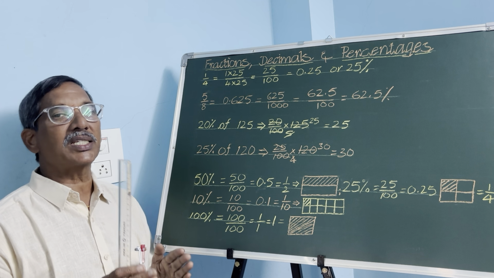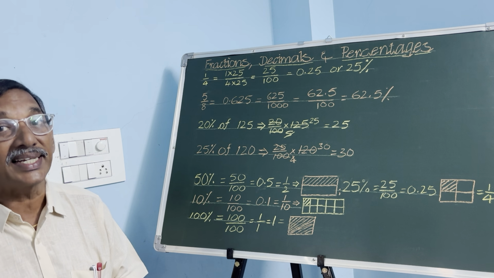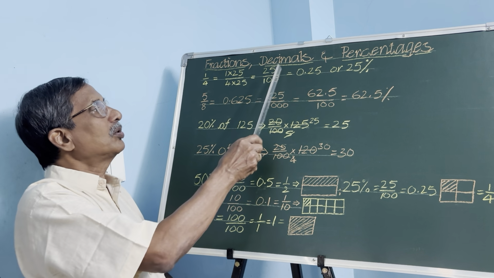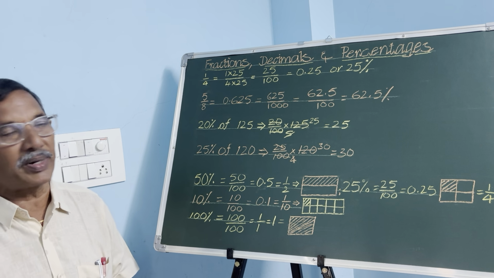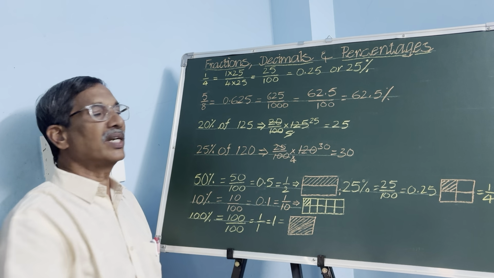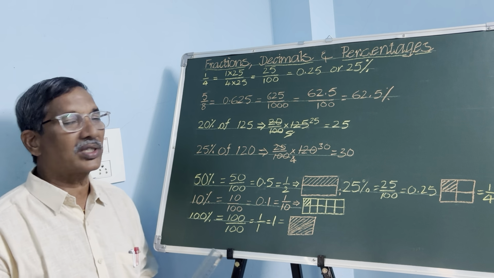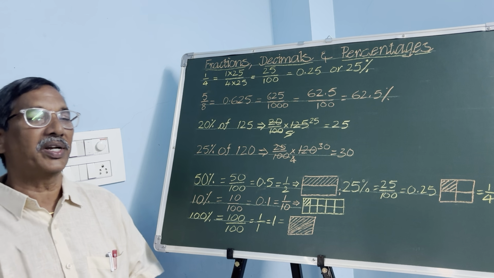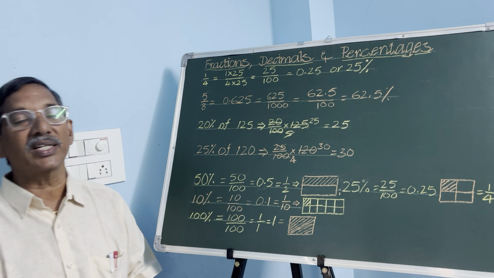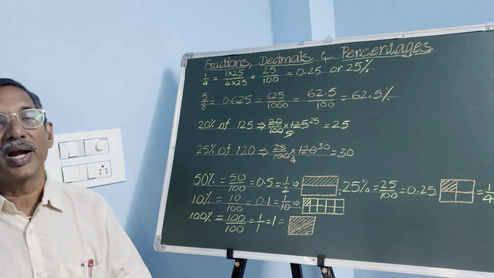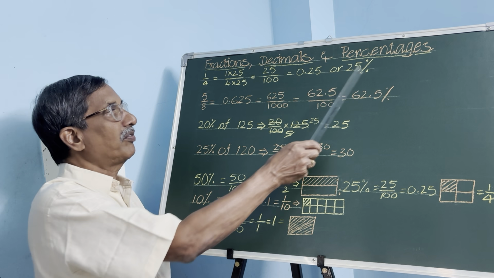That is the same as 25%. Cent means 100. So using the symbol of percent, we write it as 25%. So 1/4 is equal to 25 by 100 in normal fraction, in decimal fraction it is 0.25, and in percentage form it is 25%.